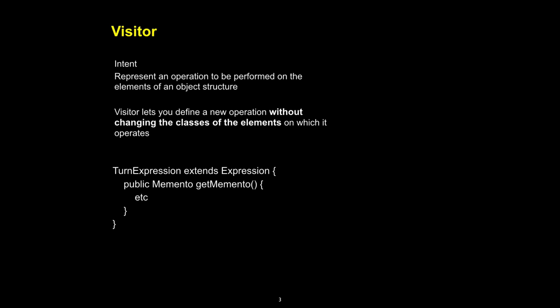Which ones did you say were the patterns that explicitly reduce coupling among classes? Well, the iterator for one, right? Because now to go through the elements of that structure, you don't need to know about the internal structure, right?